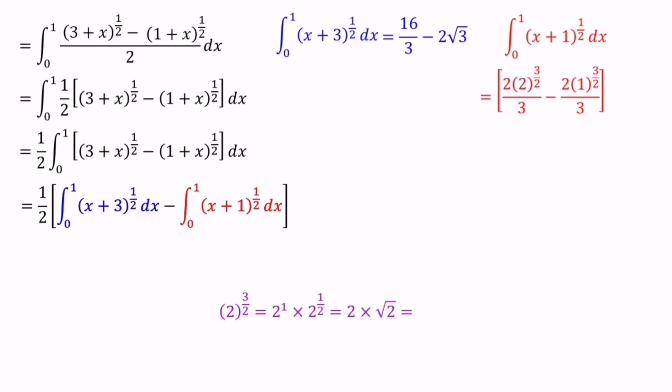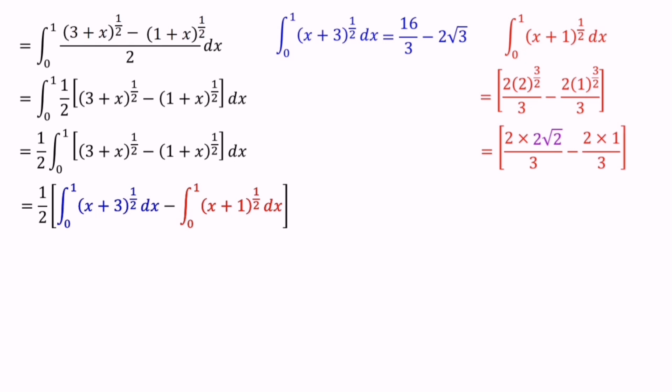Then instead of 2 to the power of 3 over 2, we can write 2 root 2. 1 to the power of 3 over 2 equals 1. Then we simplify and get the result 4 root 2 over 3 minus 2 over 3.